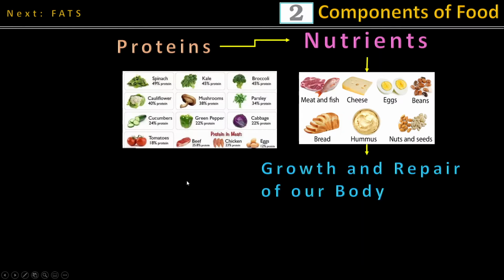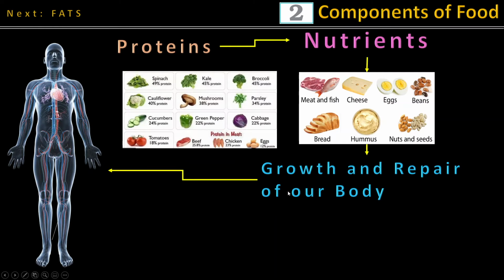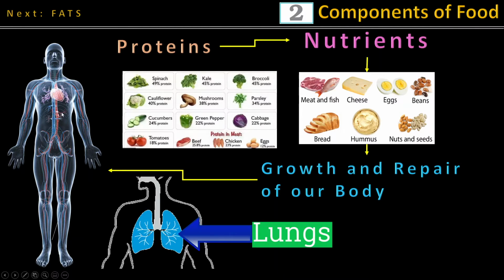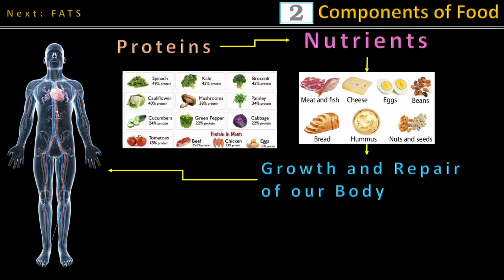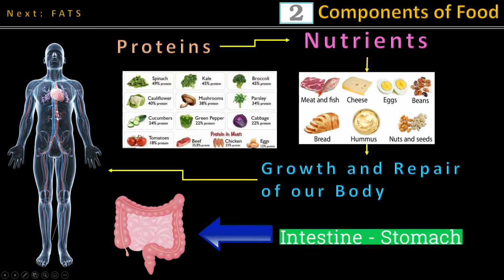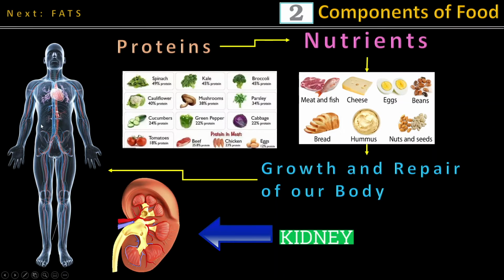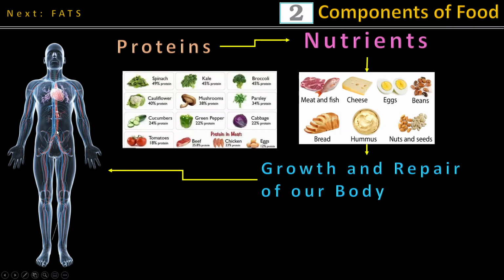Let's see that. This will help in growing the organs of the body. What do you mean by organs? Organs means, take the body, you have a lung, that is part of the respiratory system. You have a brain, that's the mind, thinking, and you have a stomach, intestine, and kidney, and so many things inside the body.